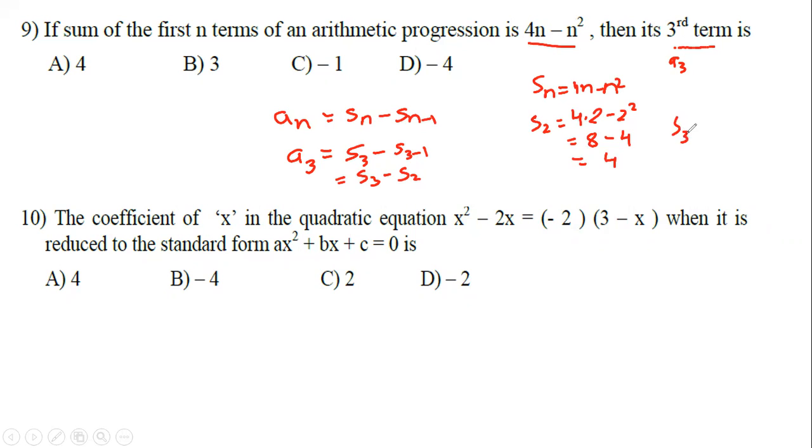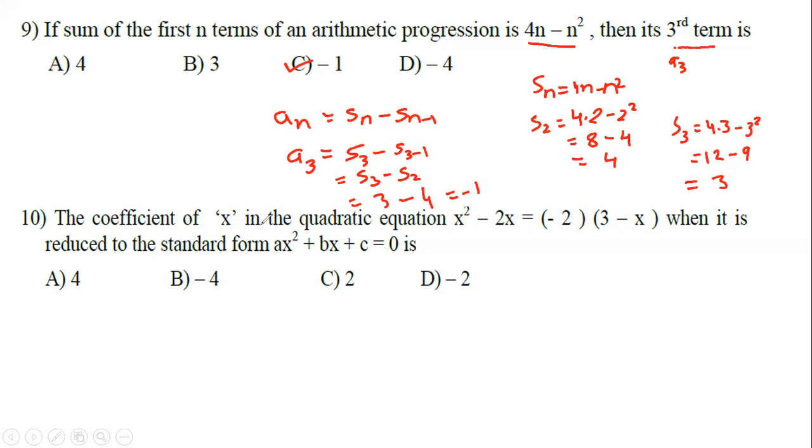Similarly, find s3 is equal to 4 into, in the place of n, 3 minus 3 square. 4 3s are 12 minus 3 3s are 9. 12 minus 9 is 3. Substitute the value of s3. Here the value of s3 is 3 minus s2 is 4, which is equal to minus 1. Which option is right? Option C is correct.